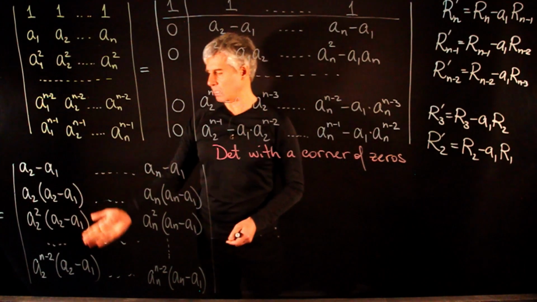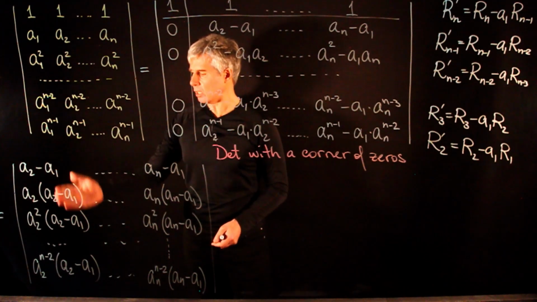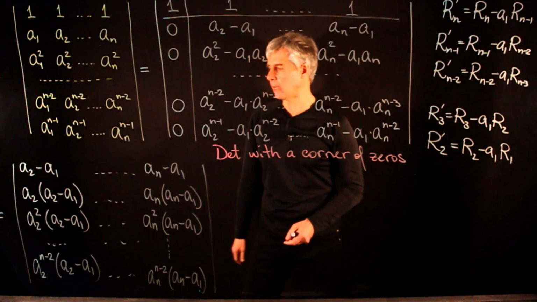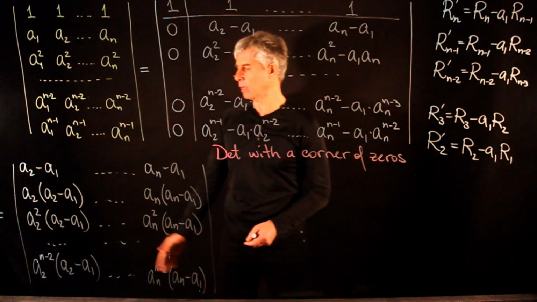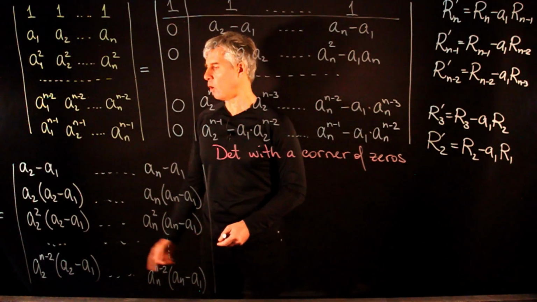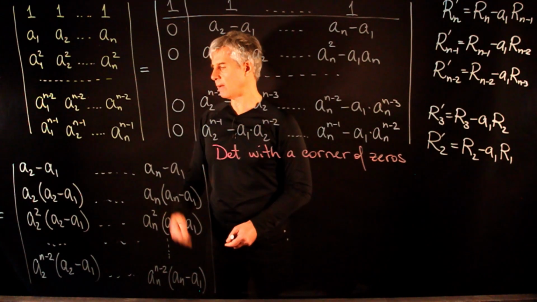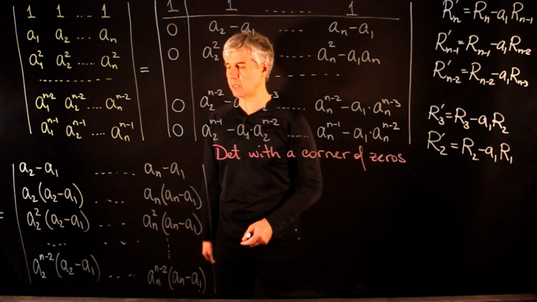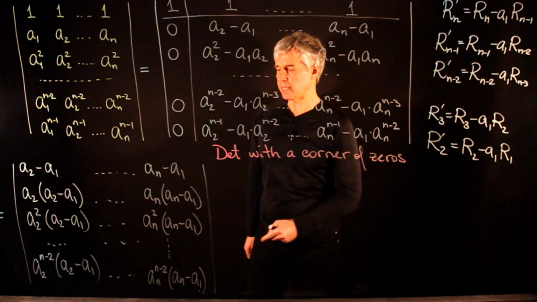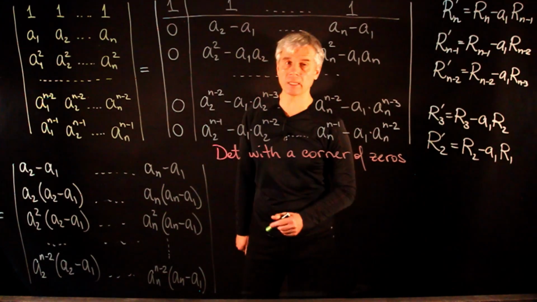In this case, what we have is that each column will have a constant common factor. The first column has a common factor of A2 minus A1. The second column will have a common factor of A3 minus A1. And the last column has a common factor of AN minus A1.